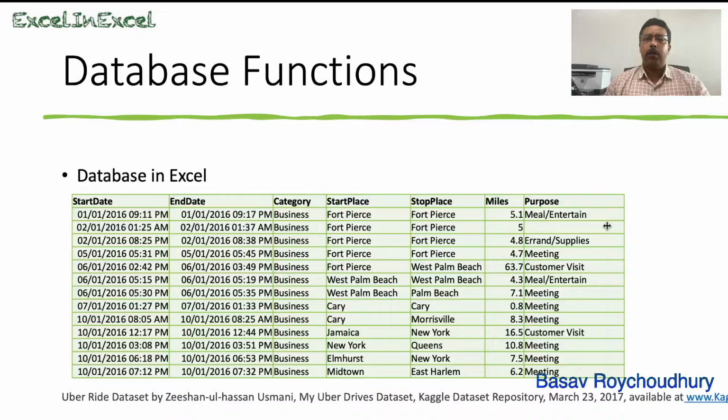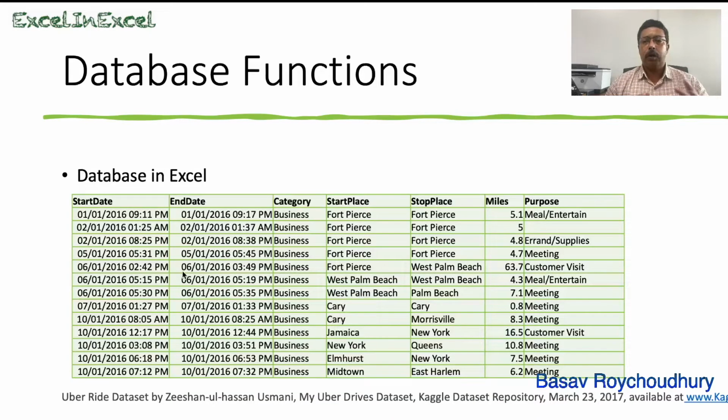By the way, when we talk of a database in Excel, what we mean is an organization of data. This is well organized data. We have the first column as the start date, next column as the end date, next column as the category, and then we have the start place, stop place, miles, and purpose.